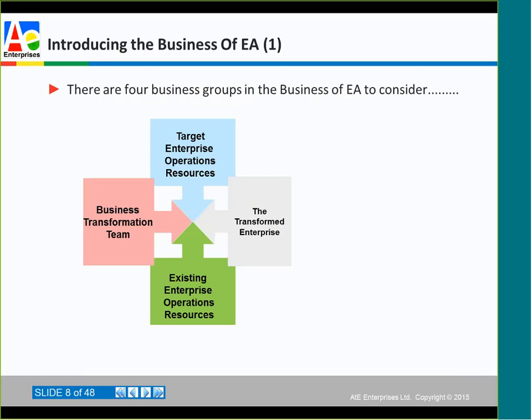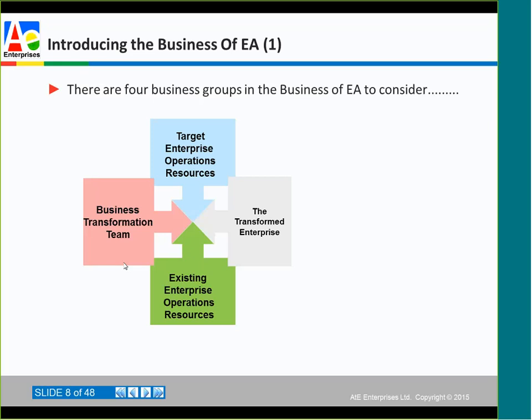They have some interest in that. They may have goals and objectives. There may be particular types of skills or leaders within the business, and they form part of the business transformation team. Now, they could be a very loose team, or they could be very tightly knit. They go from one extreme to the other.